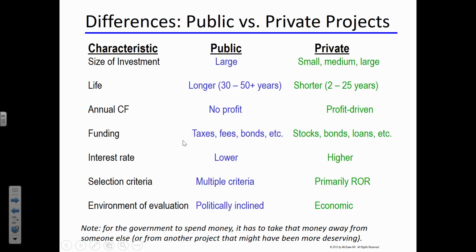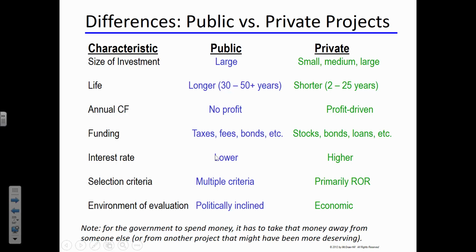But the power to tax is probably the greatest resource that governments have. They have a legal right to take money from their citizens, and as long as the economy itself is doing well, then that capacity to tax is seen as a pretty secure bet. And so that's why they can have low interest rates compared to companies.